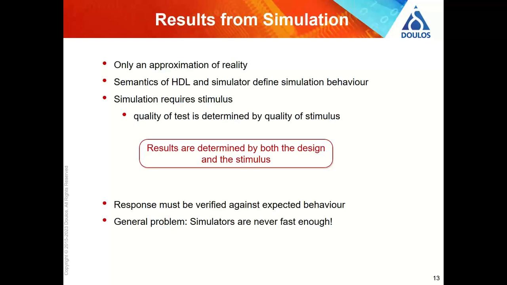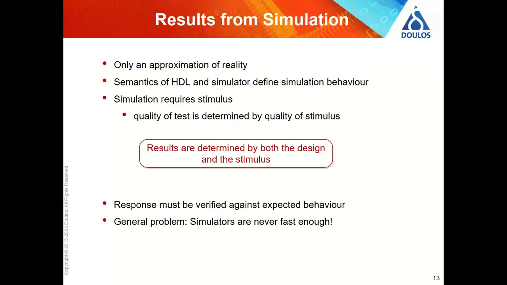The actual semantics depend on the language that you're using and the simulator you're using. Okay, so stimulus is going to determine the quality of the test. So ideally, we want to have stimulus which is going to reveal bugs, but we're not going to waste time simulating unnecessary features or repeating tests that we've already done that are not going to show us anything new.